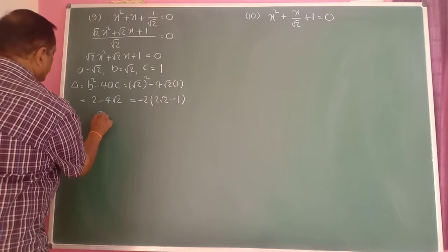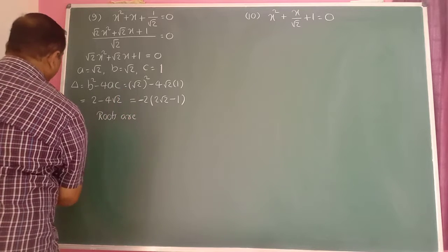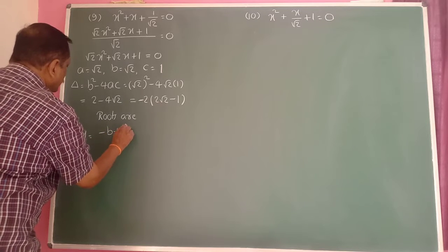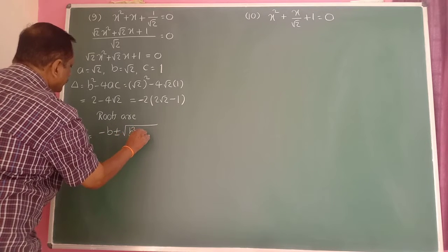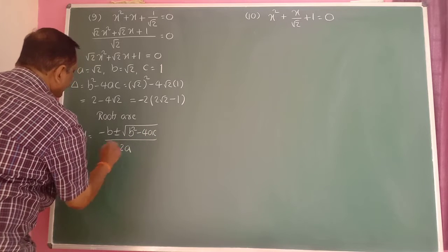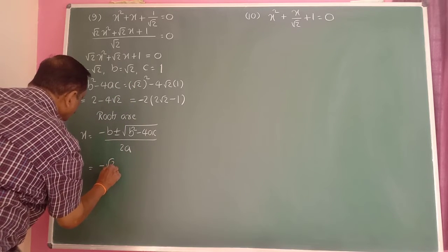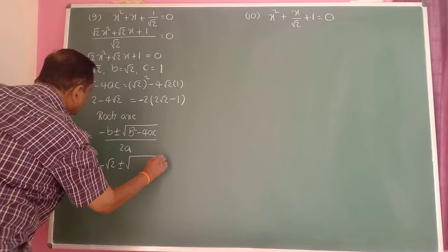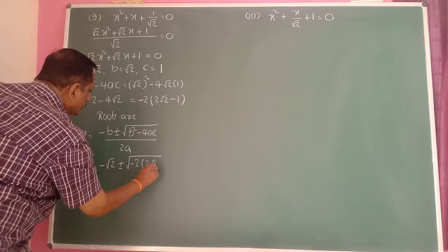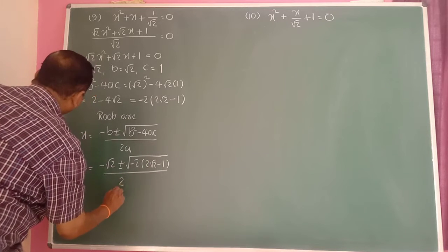Therefore, roots are: x is equal to minus b plus or minus root of b square minus of 4ac divided by 2 into a. Therefore, minus of b value is minus root 2, plus or minus root of minus 2 into 2 root 2 minus of 1 divided by 2 into a, where a value is root 2.